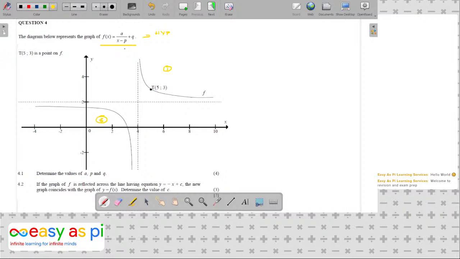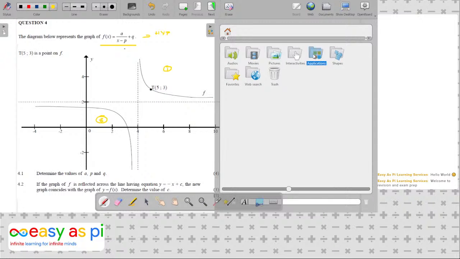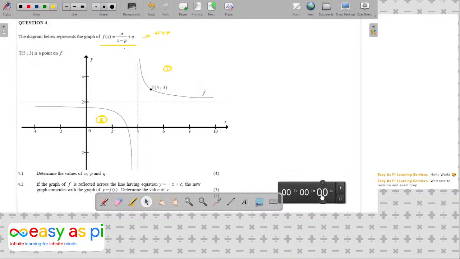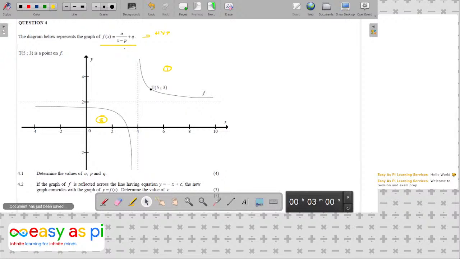So I'm going to give you some time to work through this, and I'm going to put the stopwatch on so you can work at your own pace. This is a 4-mark question, so I'm going to give you roughly 3 minutes to work through 4.1, and then I will take you through it. I'm also going to stream some beats for you so you can work under nice, relaxed conditions.